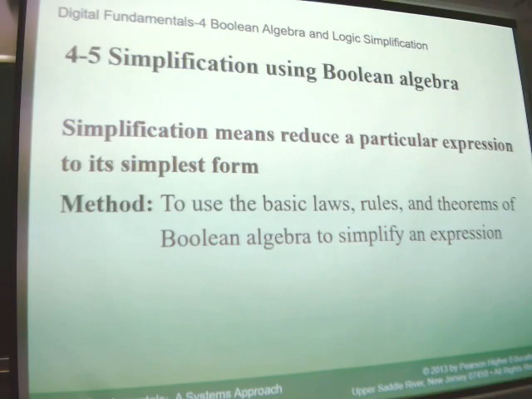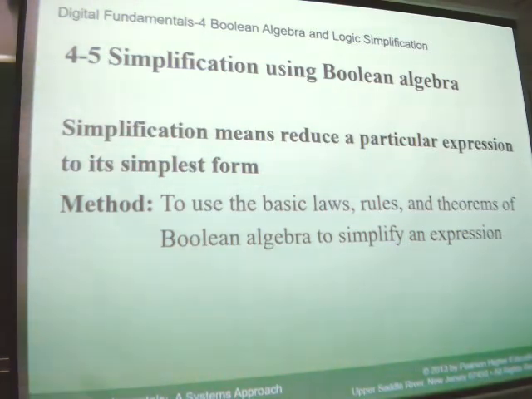Section 4.5, simplification using Boolean algebra, including the basic laws, the 12 rules, and the theorems of Boolean algebra. The basic laws contain commutative laws, distributive laws, associative laws, and the rules include the 12 rules.